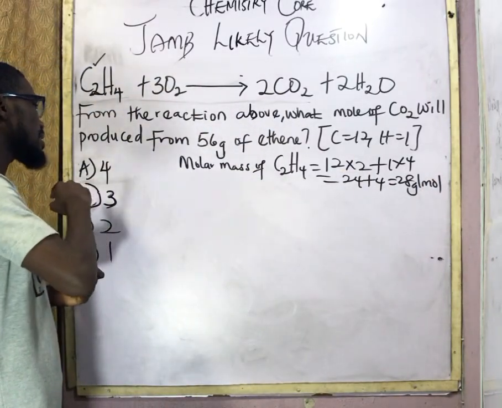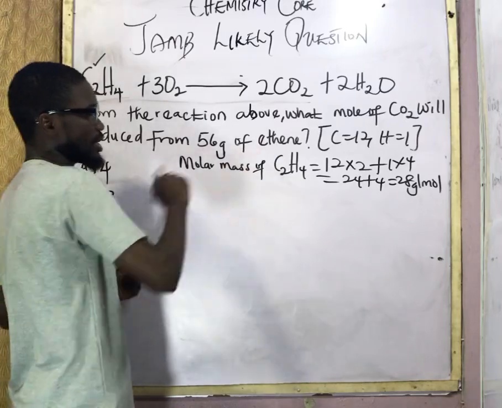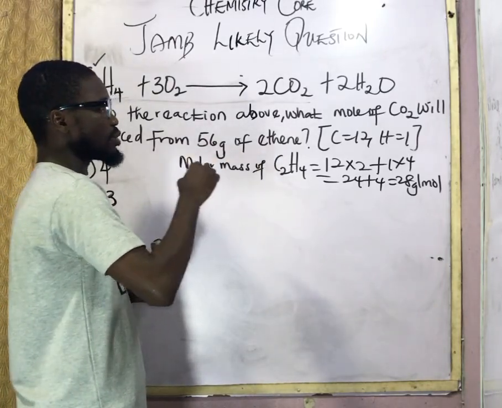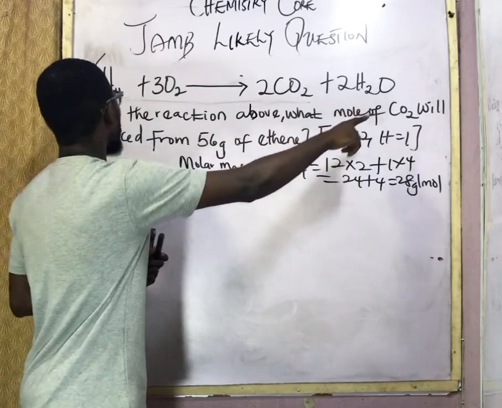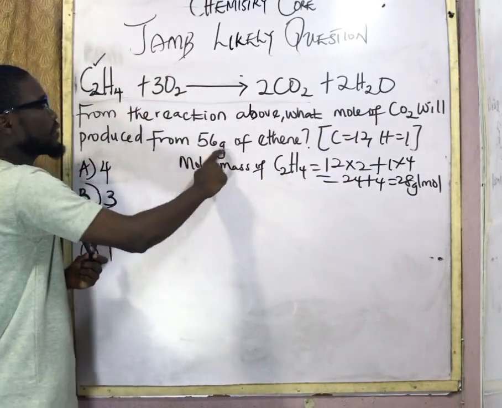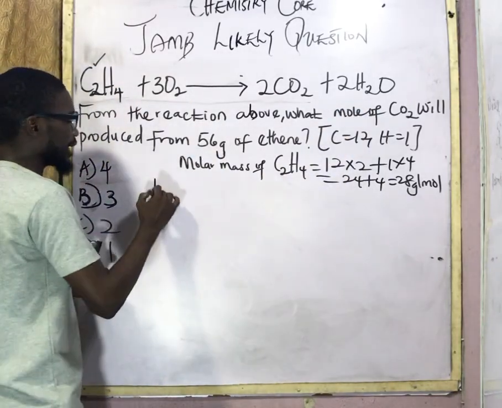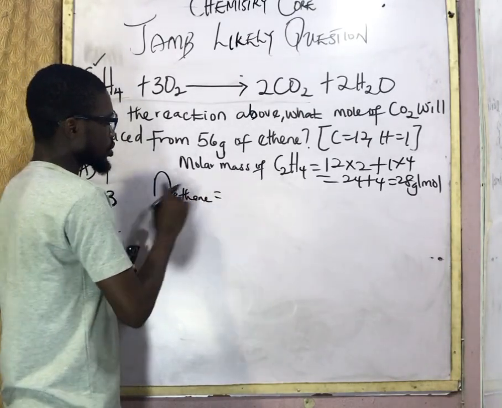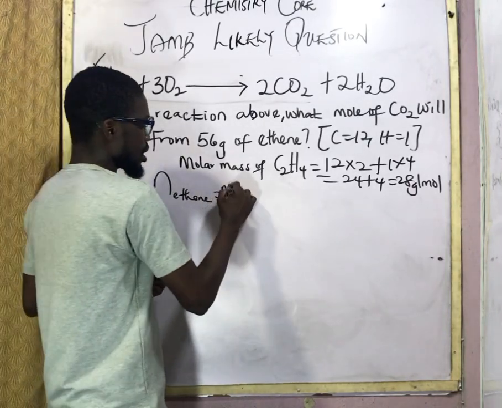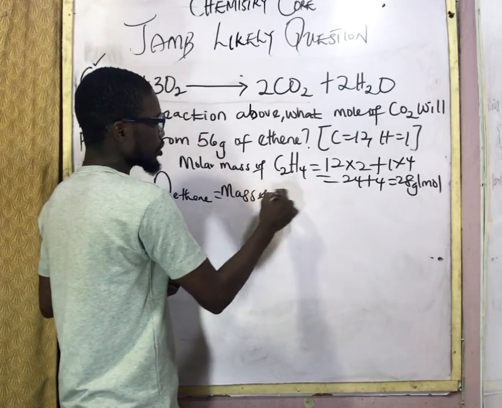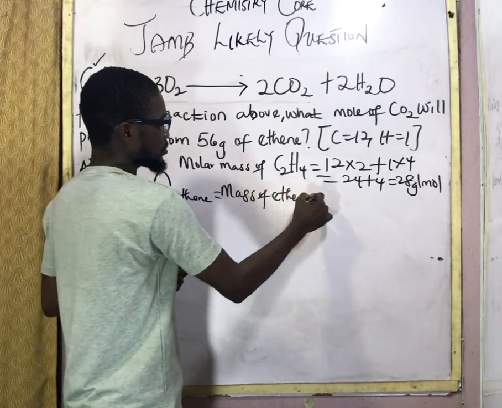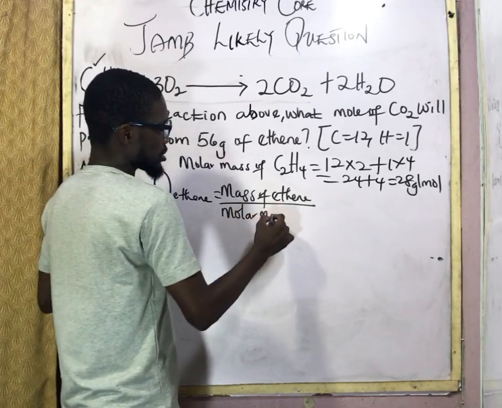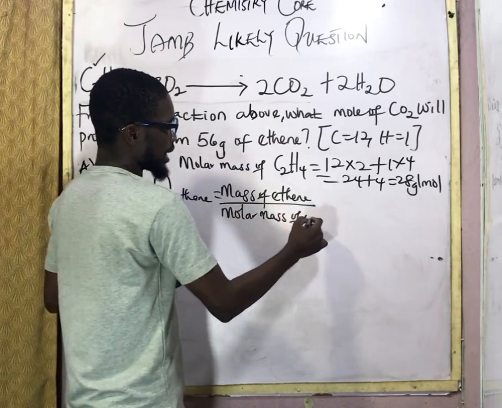So the next thing is, since you are given the mass of C2H4, you need to calculate the number of mole of C2H4, because I said what mole of CO2 will we produce from 56 grams of C2H4. The number of mole of C2H4 is equal to mass of C2H4 divided by molar mass of C2H4.